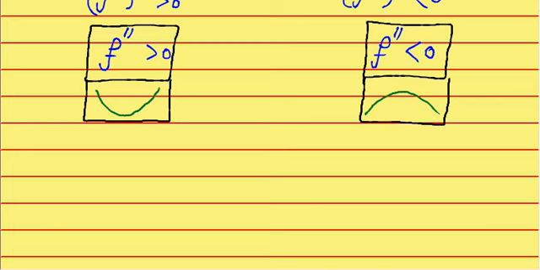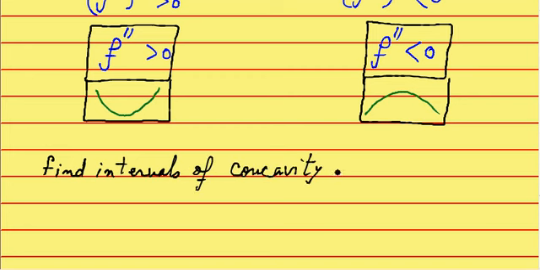Let's go ahead and take the same problem we looked at a few moments ago, and I ask you to find intervals of concavity of f of x is equal to 2 plus 3x minus x cubed.